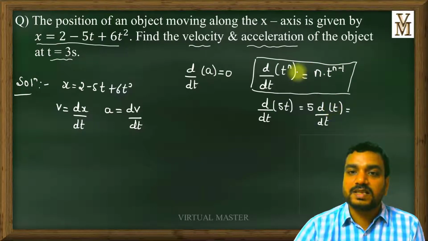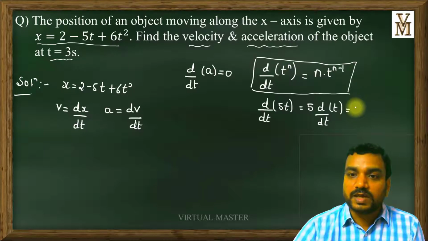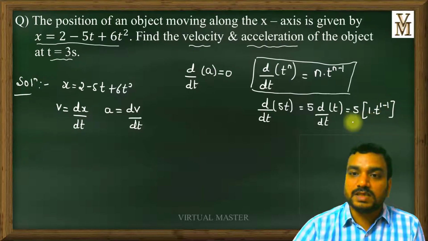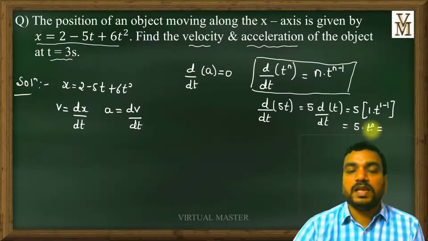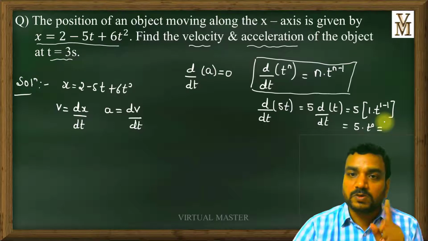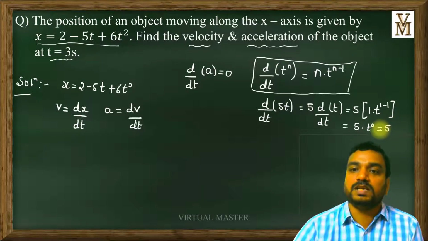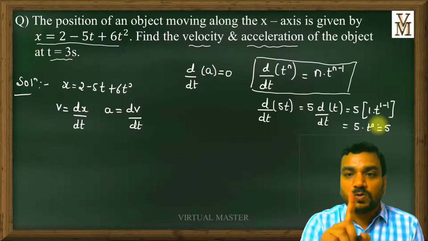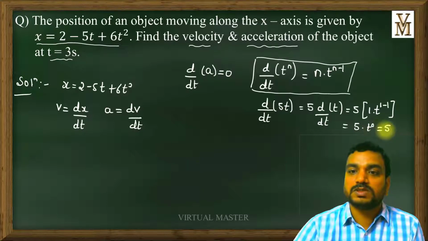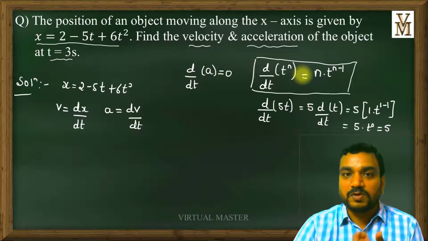Here, in this case, n is equal to 1. So, I can write 5 times 1 times t^(1−1). It is nothing but 5 times t^0. Any variable with the power of 0 is equal to 1. So t^0 is equal to 1, so 5 times t^0 is equal to 5 only, isn't it? I hope everyone has understood how to differentiate 5t.